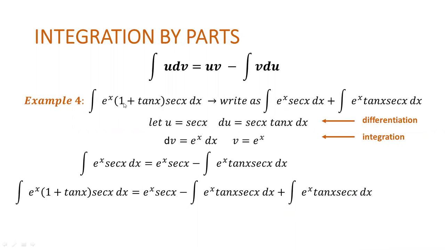If this is distributed, you have e raised to x. I made a mistake, I think, in this part. Because if this is the entire integral and it's written like this, you have this one and you have this one, but this one is still an integral in itself, not that you have this. So I will redo this part, class, because there's something wrong here.